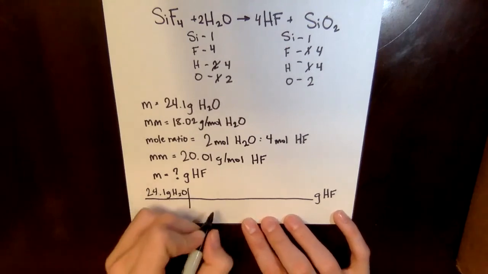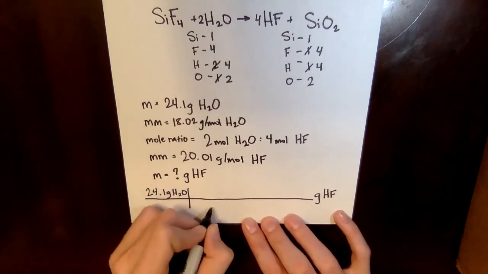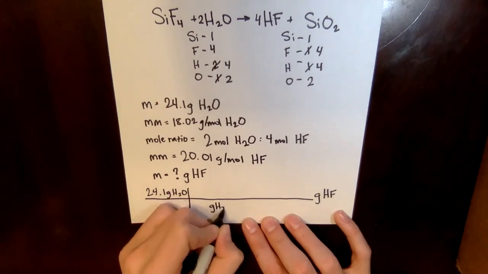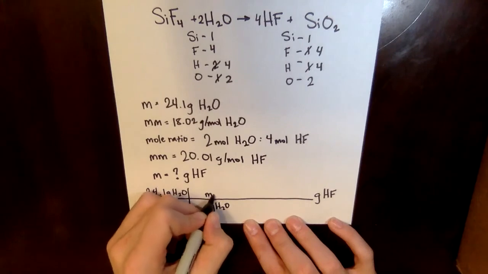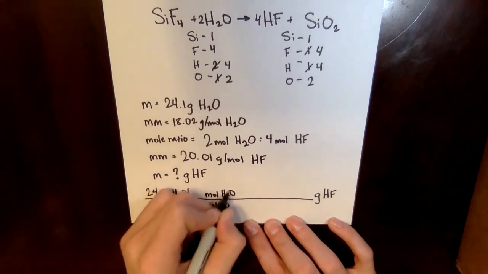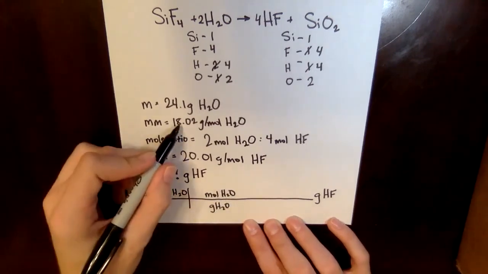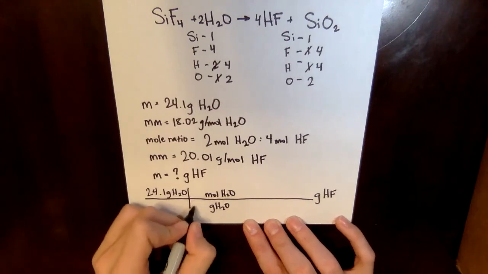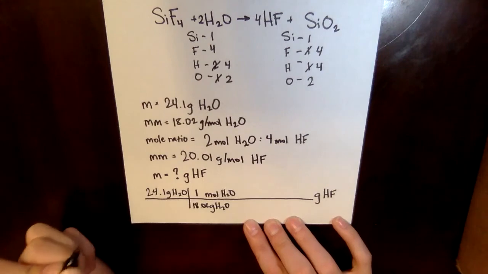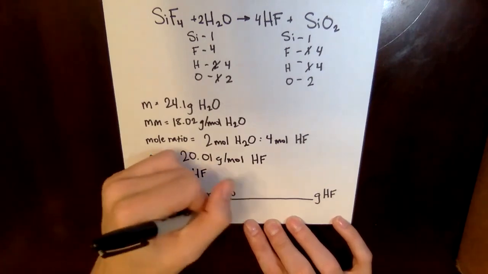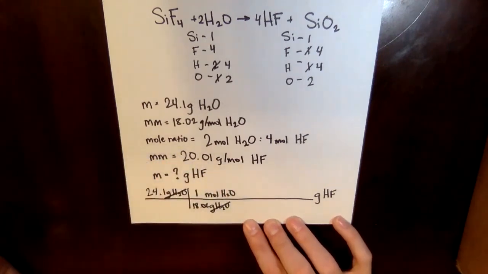Now I want to follow my units, so if I start with grams on top, I need to put grams of water on the bottom so that they cancel each other out. And we're converting that to moles of water. If I use my numbers and follow my units, I remember that 18.02 grams is equal to 1 mole of water. So that will cancel out our unit of grams.